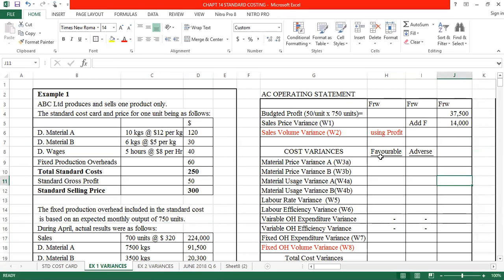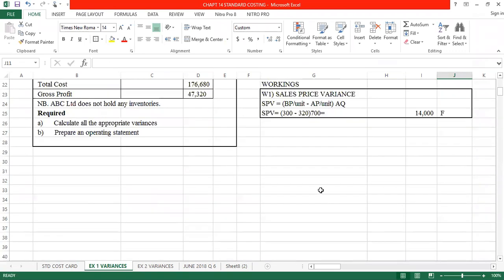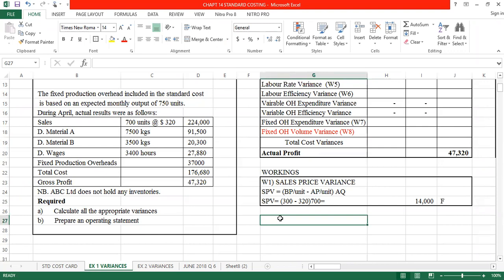Let us continue. Sales volume variance, we are under AC. So let's go to working two, sales volume variance. Under our sales volume variance, we will start with number one, under absorption costing.